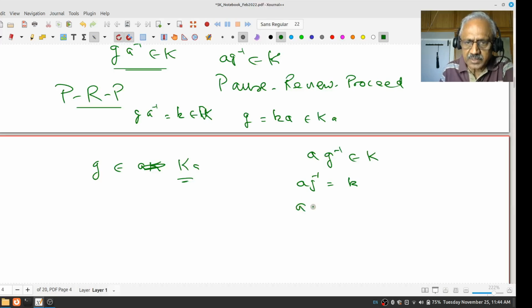Multiplying both sides by g, a must be in Kg, that is k inverse a is in g.